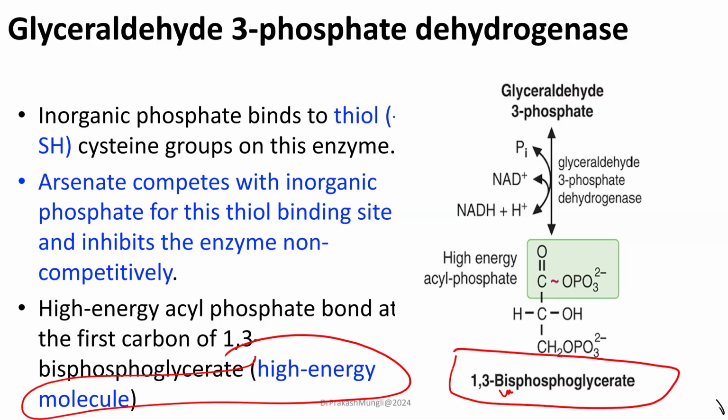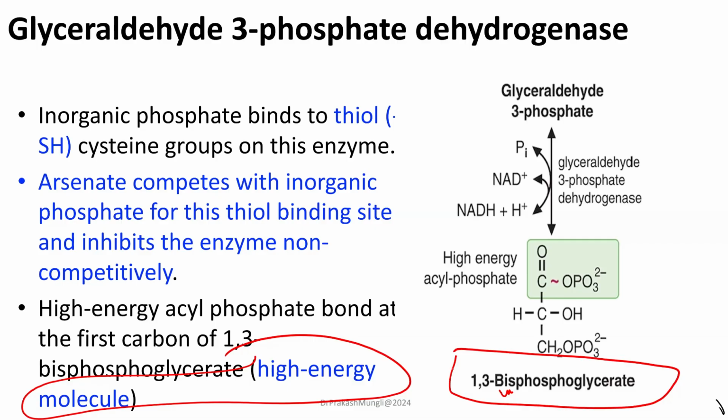Although it is written that arsenate competes with inorganic phosphate, don't get confused with the competitive mechanism, because the competition is not with the substrate. Glyceraldehyde 3-phosphate is the substrate for the active site, right? In a competitive inhibition, the inhibitor competes with the substrate for the active site, whereas here it is competing with the other molecule, that is phosphate, not for the active site but for the other binding site.